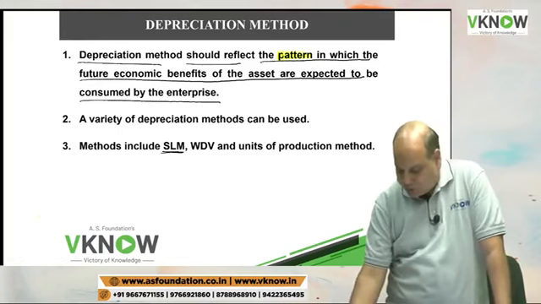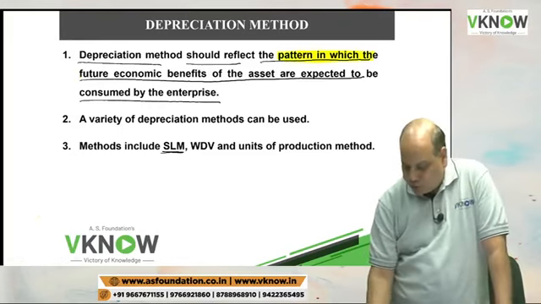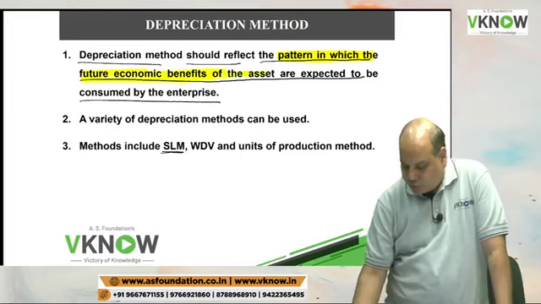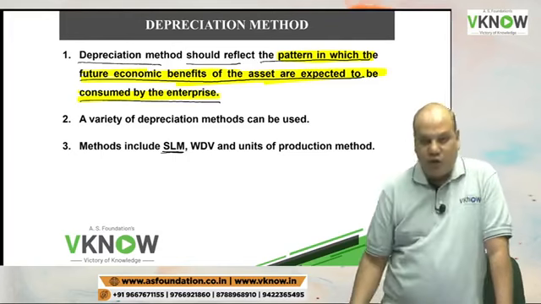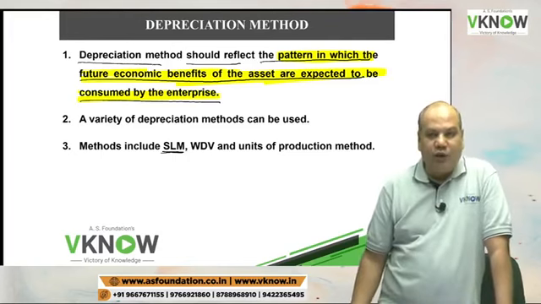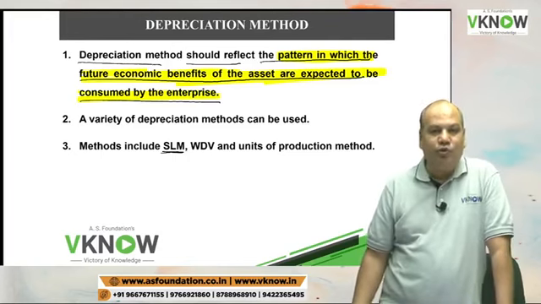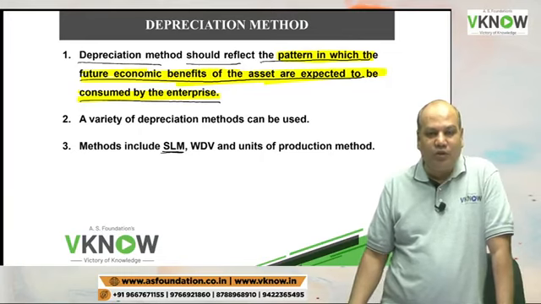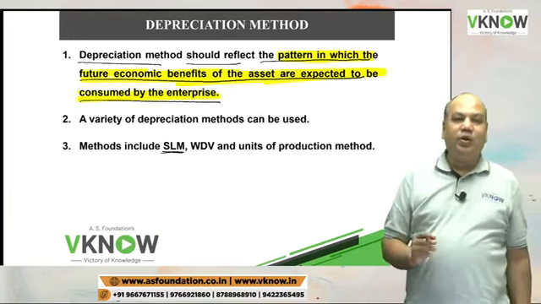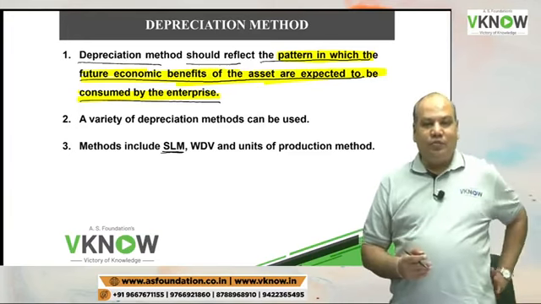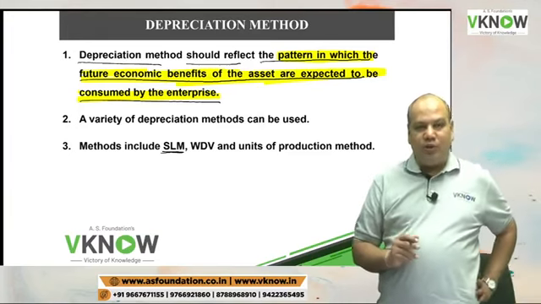This is the principle that you should depreciate according to the future economic benefit the asset is going to generate for you. If the asset is going to generate more future economic benefit in the earlier years and less in the later years, then one can use the WDV method.